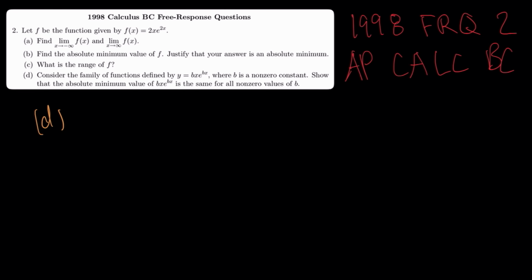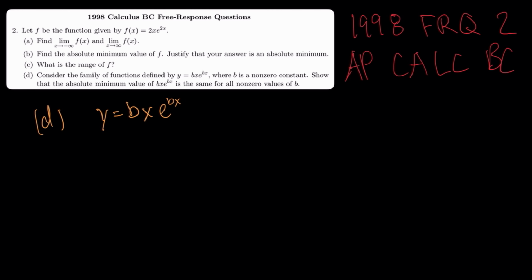Part D. Consider the family of functions defined by y equals bx e to the bx, where b is a non-zero constant. Show that the absolute minimum value of bx e to the bx is the same for all non-zero values of b.